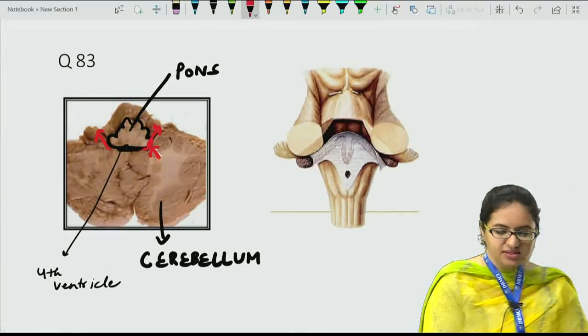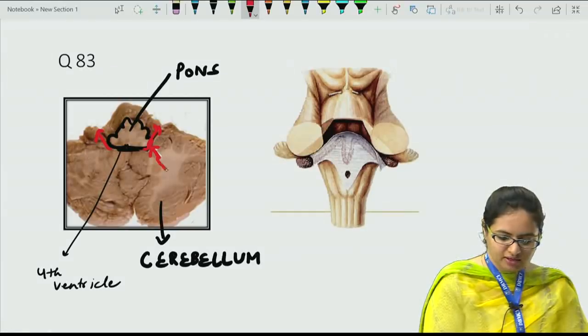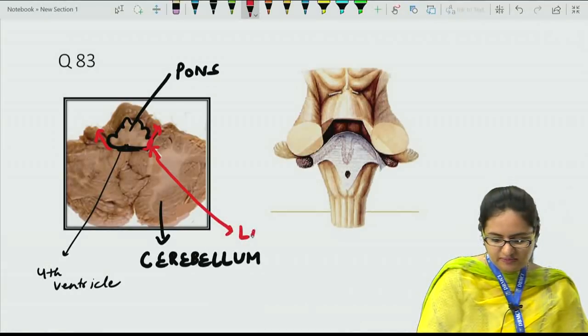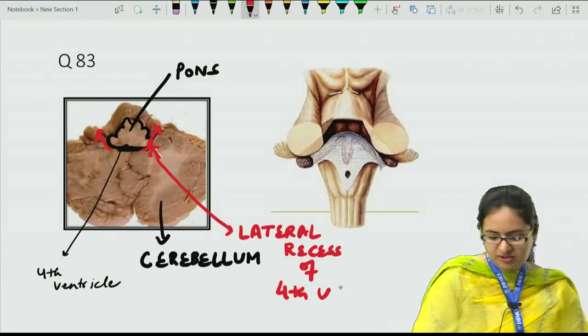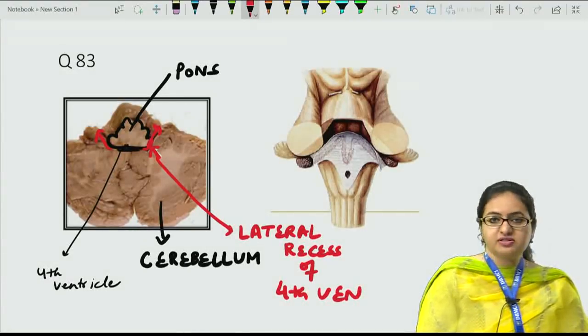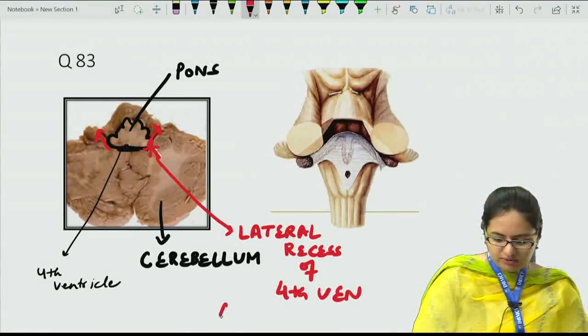So this is the lateral recess. This arrow has been put on the lateral recess of the fourth ventricle. And this is the point where it will be communicating to the foramen of Luschka.